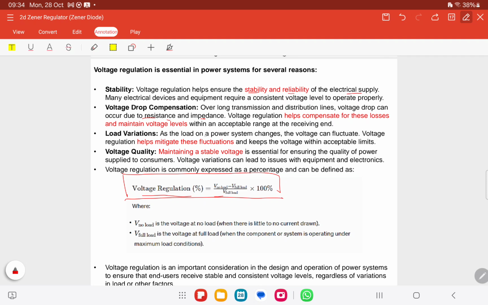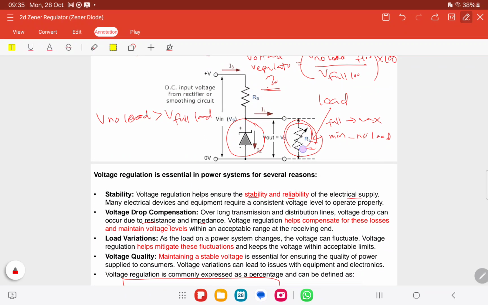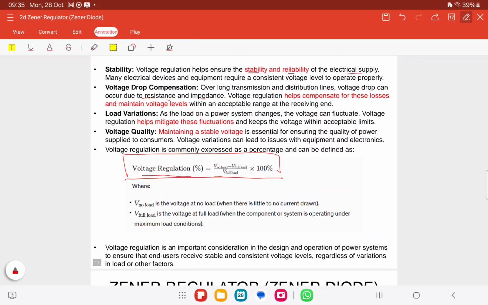For load variations, as the load of a power supply changes, the voltage can fluctuate. Because that one yang kita guna tadi, this is a variable resistor kan. Okay, variable resistor, so it can be either naik ataupun turun on the value. Okay, it keeps the voltage within the acceptable limit.